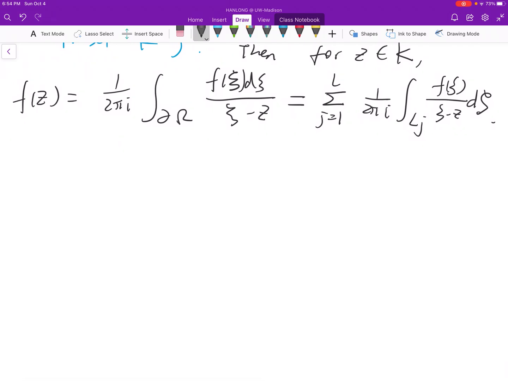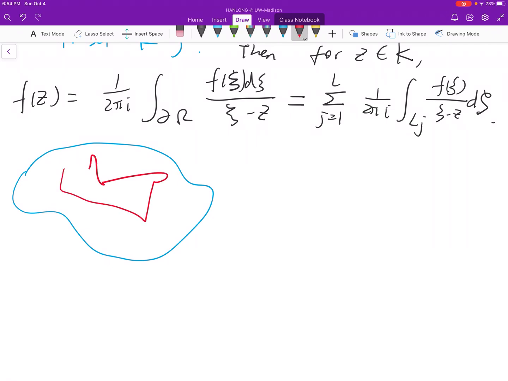Okay, so let's draw a picture. So this is your omega, and probably you have K here, and then you have a lot of blocks, rectangles, that cover the compact set. So the compact set is everything inside.